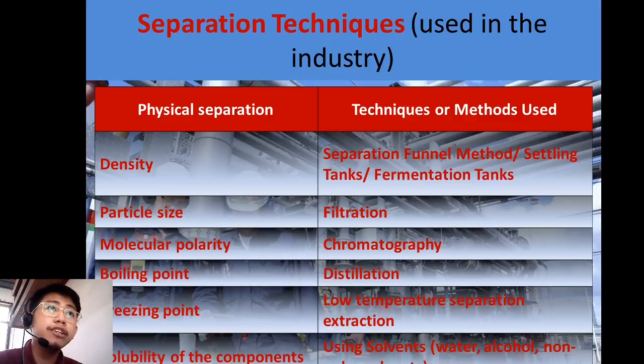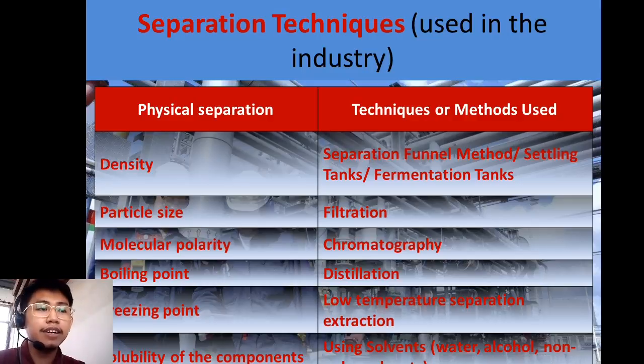So, for example, you filter water from the particulates. We can simply use filtration in order to filter out the water from the particulates that are suspended in the water. Next, we have molecular polarity. We use chromatography on that one. Okay? So, for boiling point, simple or fractional distillation so that we can separate different types of substances by their boiling point.